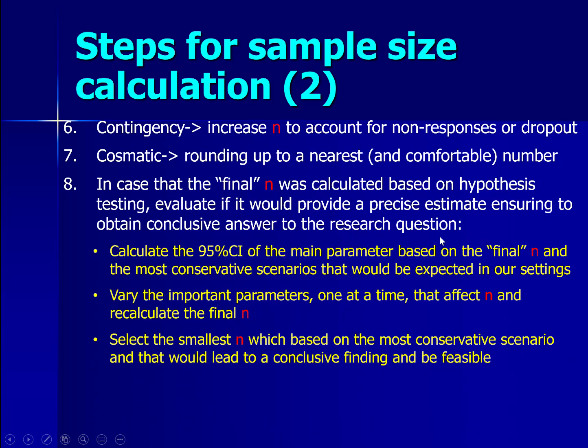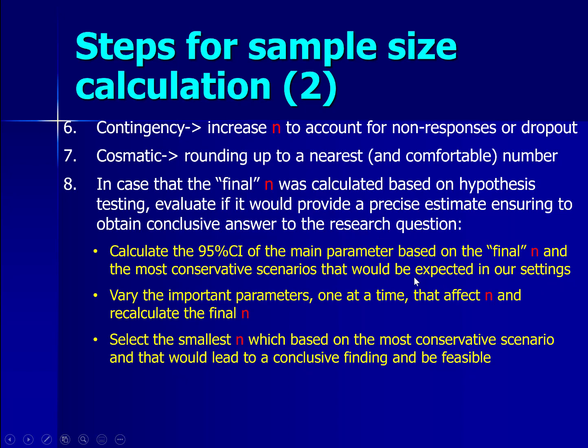Okay, how? First, try to use a statistical package to calculate a simple 95% confidence interval of the main parameter based on the final n that we obtain in this step, and use the most conservative scenarios that would be expected in our settings.